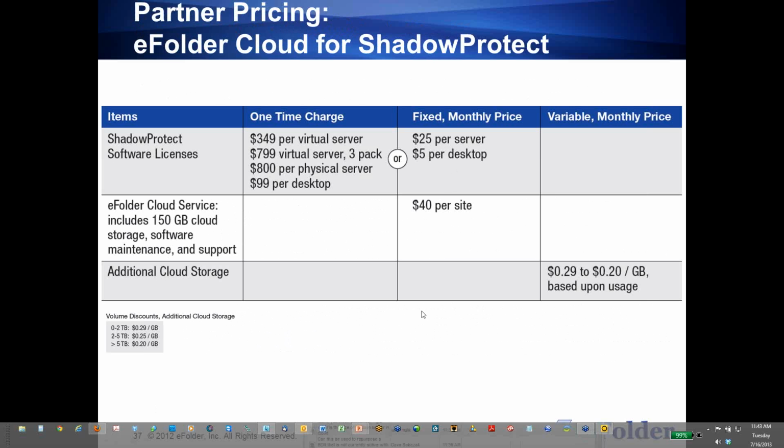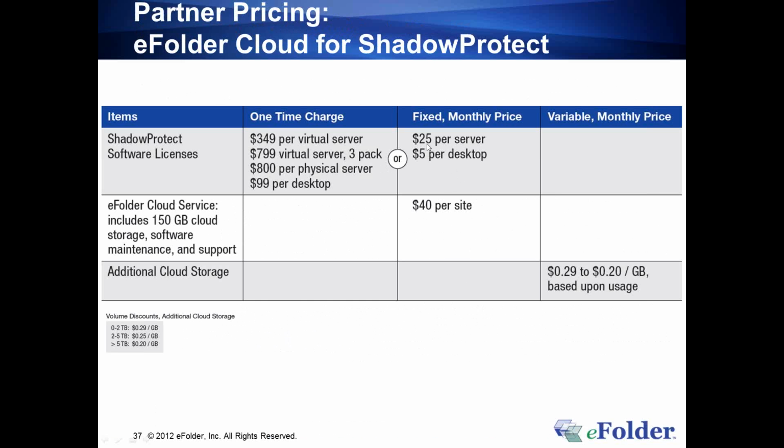But the basic idea is eFolder has two different rate plans for ShadowProtect deployments, and the first one is what we call eFolder Cloud for ShadowProtect. So this is where you're either using your own BDR appliance or you're repurposing, in this case, a legacy Zenith appliance. This is the rate plan you put on, eFolder Cloud for ShadowProtect, and the ShadowProtect licenses are $25 per month per server.